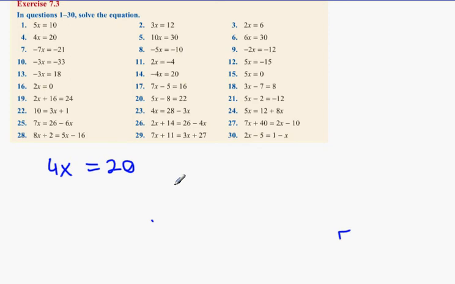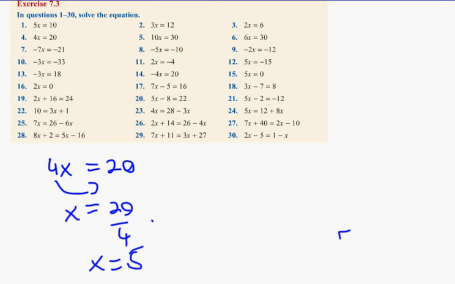Now to do this using algebra, we have to remove the 4 away from the x. X represents the number. If it's multiplication on the left side of equals, it turns into division on the right. You just need to remember that. Therefore, x equals 5, the answer you just gave me.